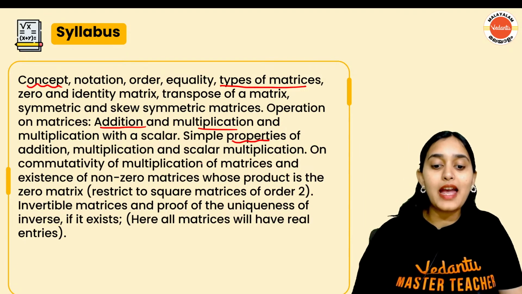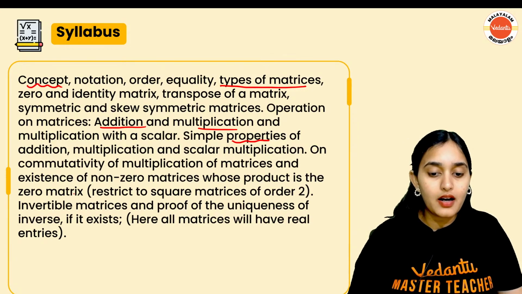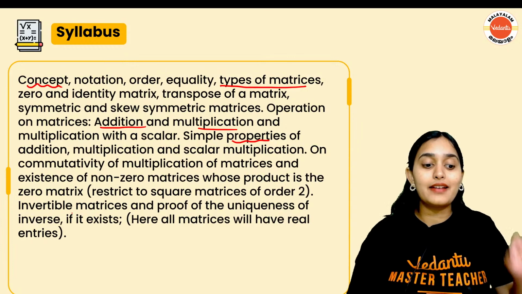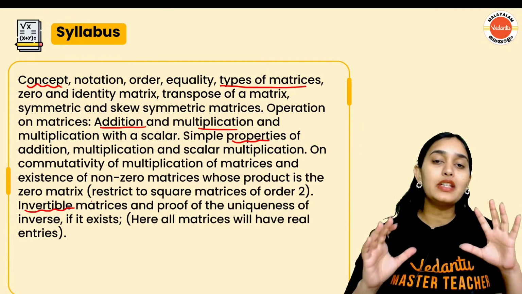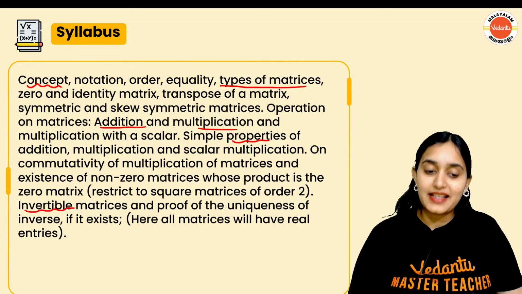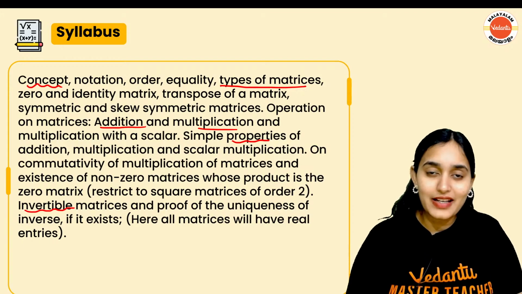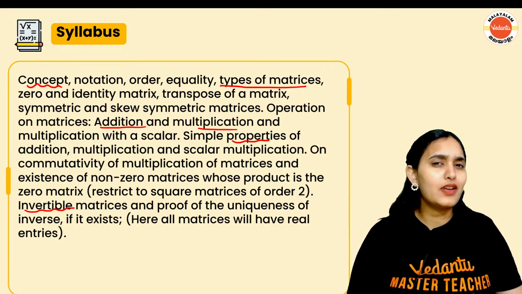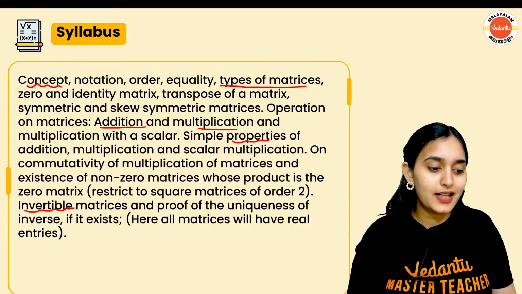After that, we are going to learn about the transpose of a matrix, the inverse of a matrix, and some unique property that exists when the inverse exists. So it is going to be a very interesting chapter, and students really enjoy learning it, and I'm sure you guys are also going to enjoy learning it a lot.